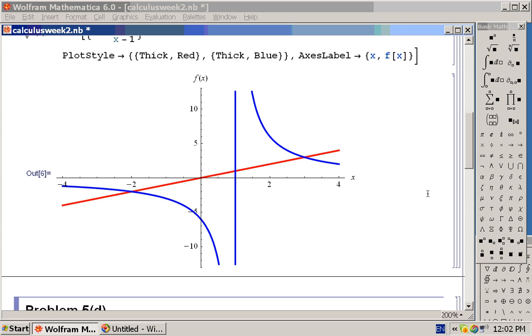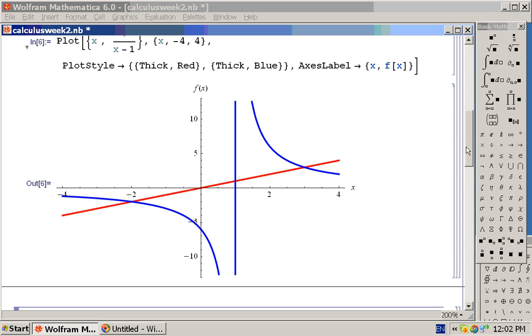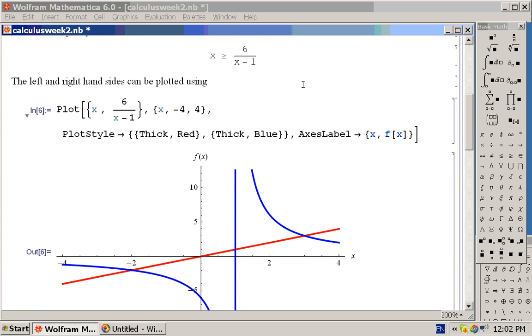And that's the graph. Well, let's go back to look at the inequality here, and if x is greater than the right hand side, then the curve of the left hand side should lie above that of the right hand side. So let's look at the graph, and we can see that that's certainly true here.